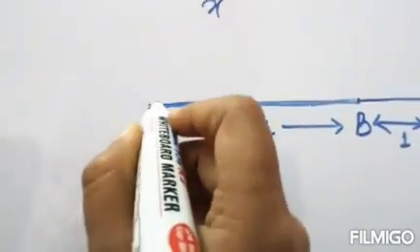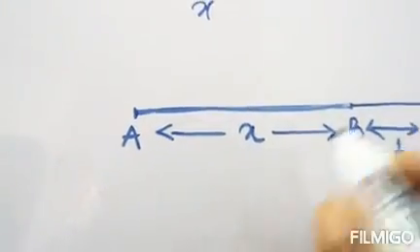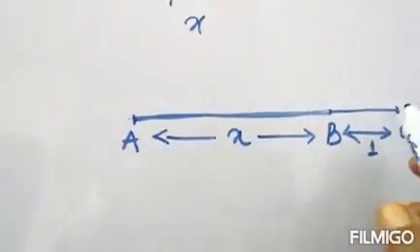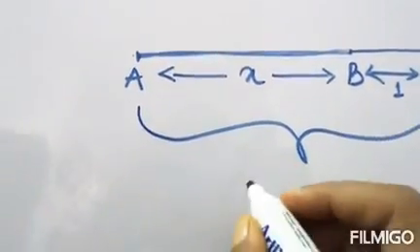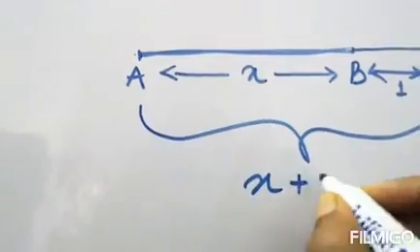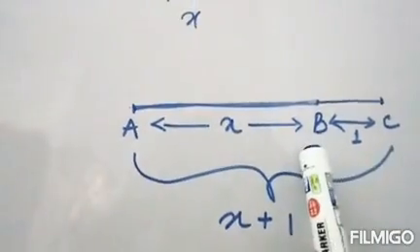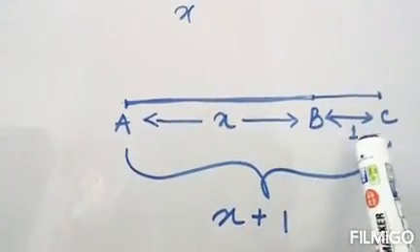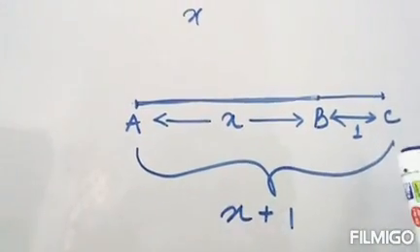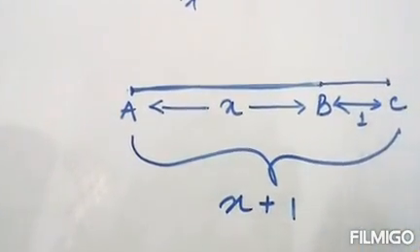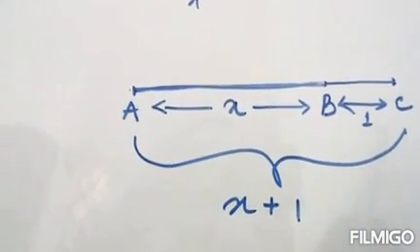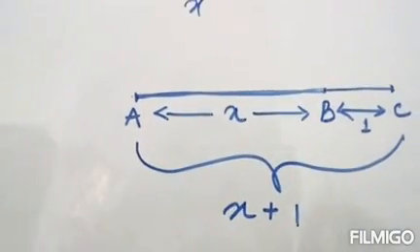Now what is the total length we can consider? This will be x plus 1, right? This much is x and this one is 1, so the total will be x plus 1.